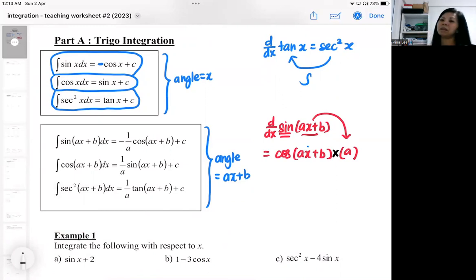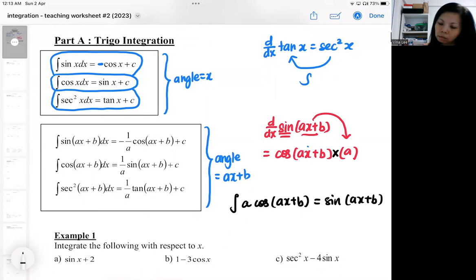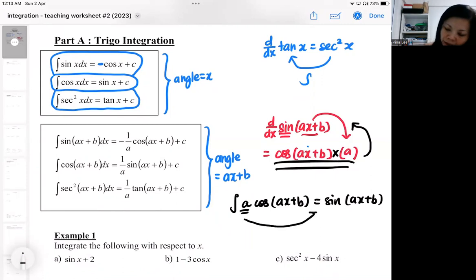Right now, because it's the opposite, if I'm going to integrate cosine of (ax plus b), I will get back my sine of (ax plus b), but this a will become a divide. So essentially it's something like sine of (ax plus b) divided by a, correct?